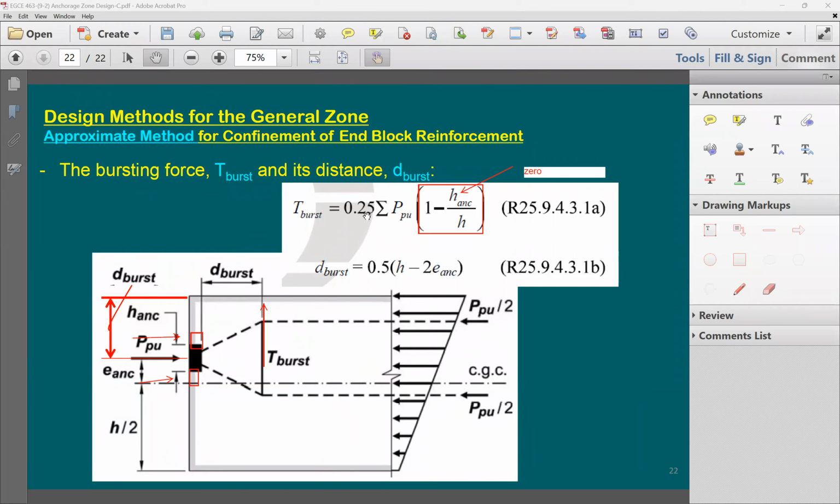You can compare. What is the big difference between the two systems? In one system, if you guys recall, I have the point load right here. Transfer of the force is going to be happening within the beam itself because you're going to have this development length because you have the bond between the strand and the concrete.